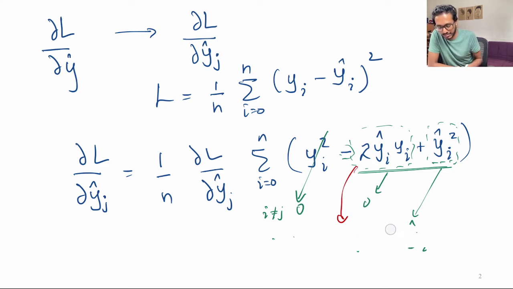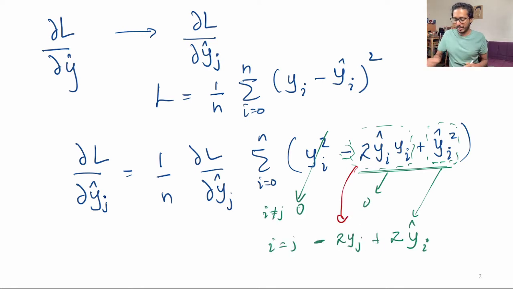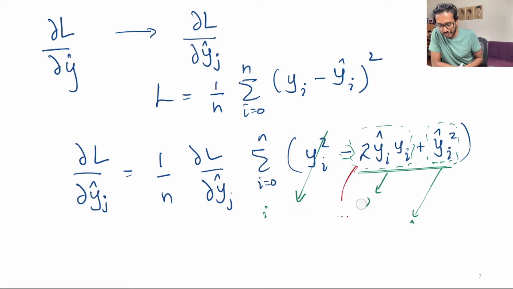Let's erase these things for now and go to the next page. In this new page, I'll leave the derivation on the slides in case you want to see it.